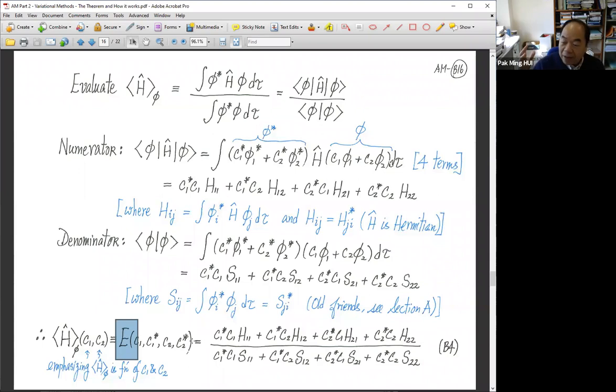And hopefully, usually, it's a minimum. Get me? So we are halfway through. We need to do some partial derivatives such that partial E, partial C1 star or partial C2 star is 0. That is the step of carrying out the variational calculation.